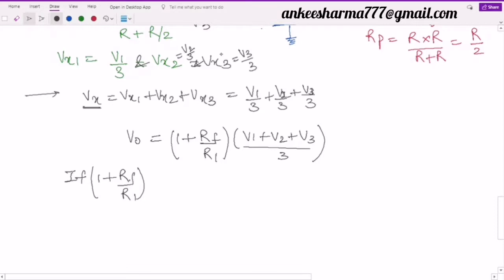So in this case I will say my 1 plus Rf by R1 must be equal to 1 by 3. In this case, why 3? Because we have only taken the 3 inputs, or in the general case, I will say it must be equal to 1 by n.